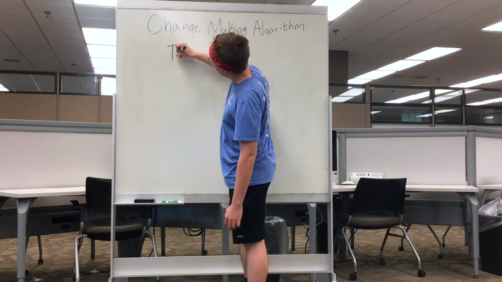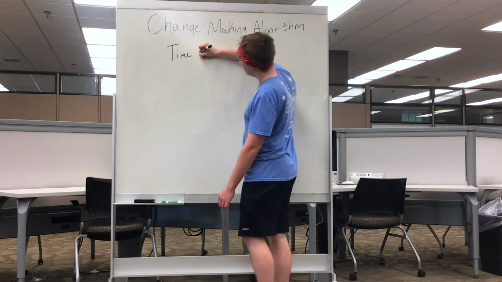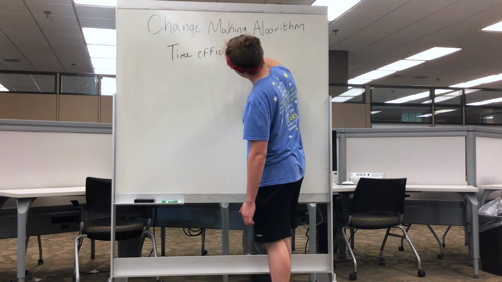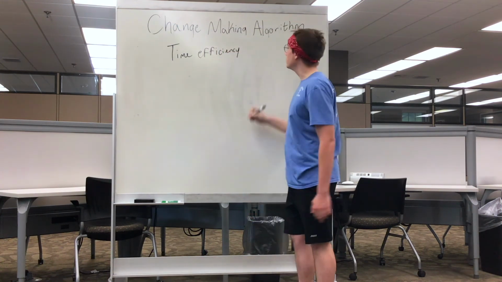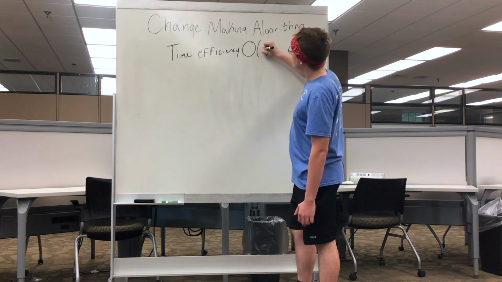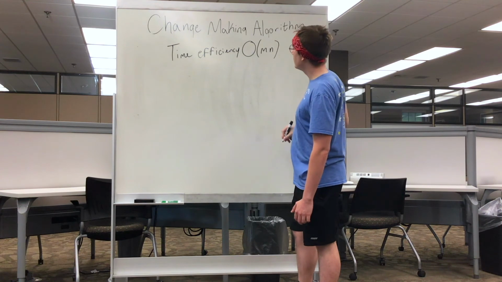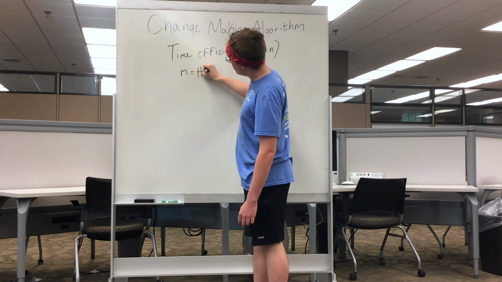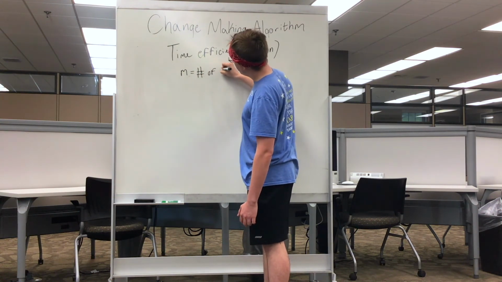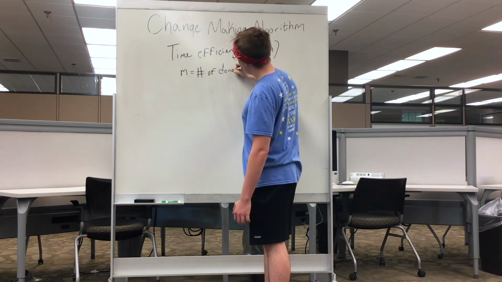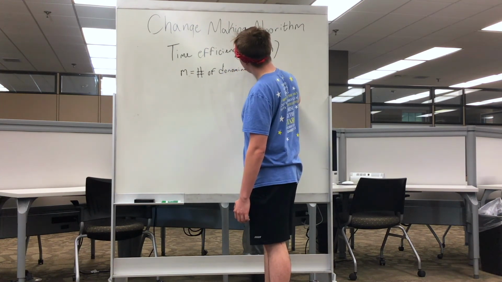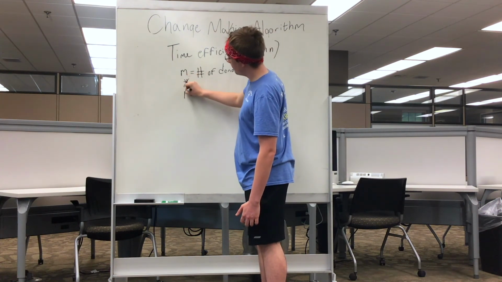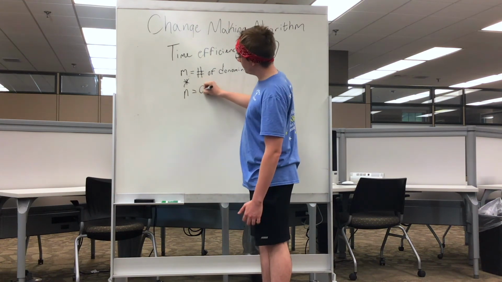So our time efficiency is going to be big O of m times n. m is going to be the number of denominations, and this is going to be times n, which is our amount.